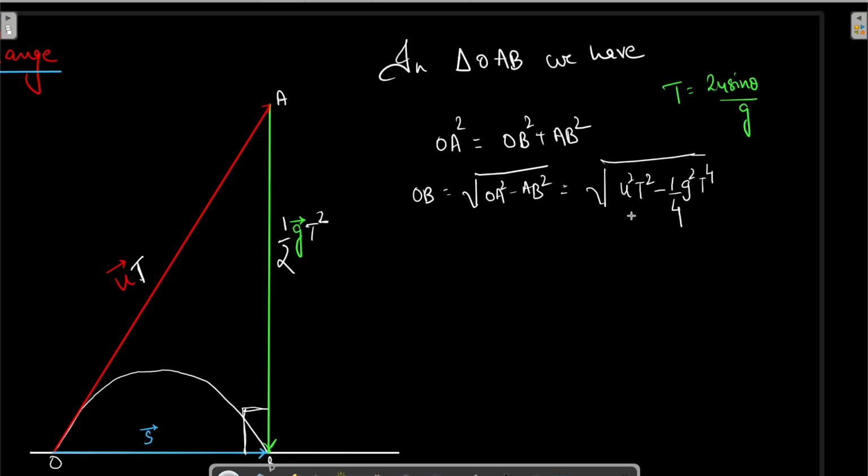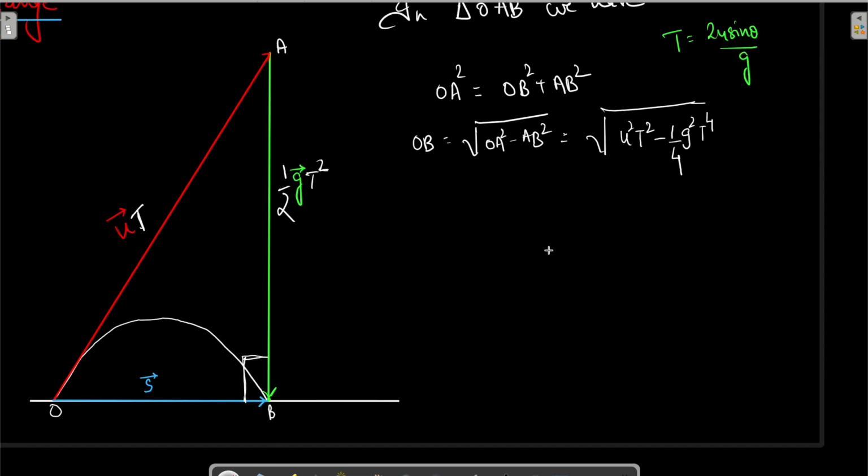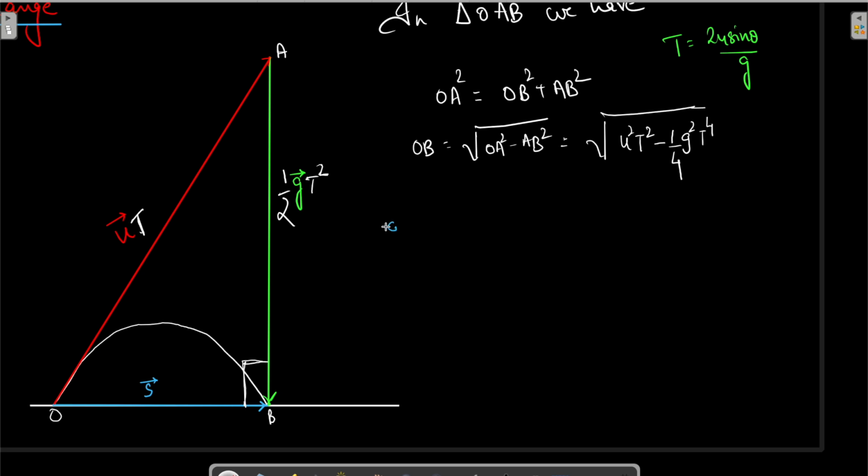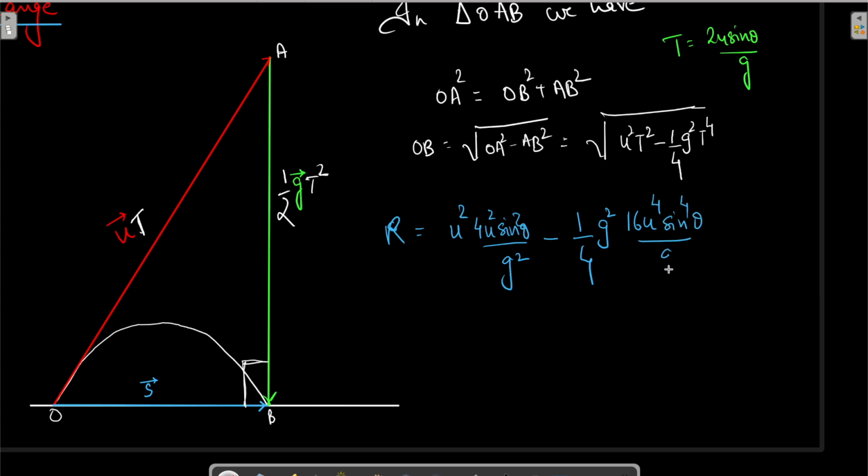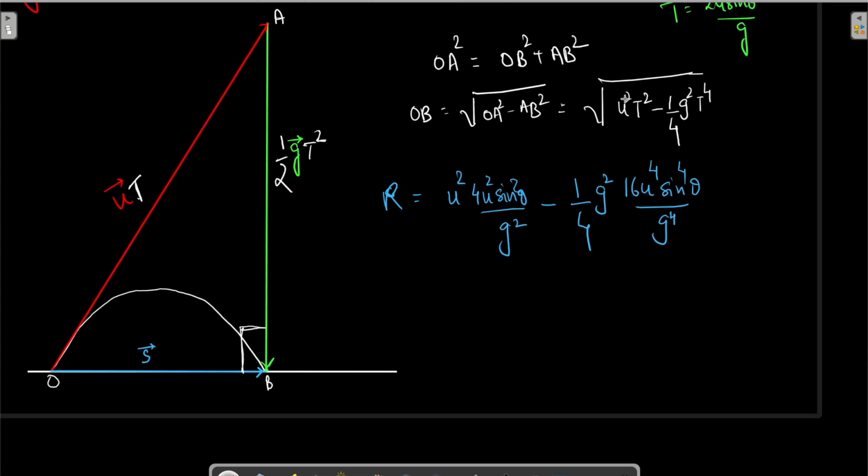For the maths part, we are not using any color code. So OB is equal to root of u square into 4u square sine square theta by g square, minus 1 by 4 g square into 16 times u power 4 sine power 4 theta by g power 4. What do we get?